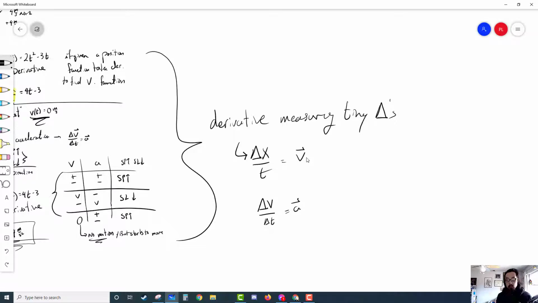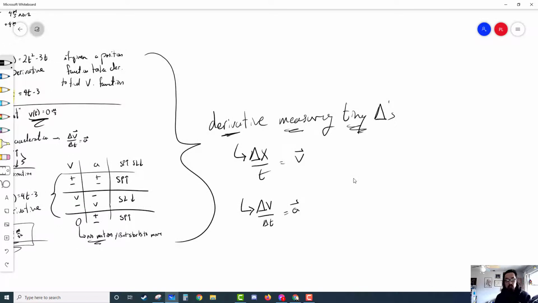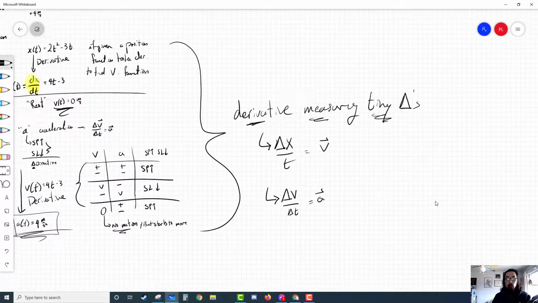So what this means is we are finding the changes in the velocity function to find acceleration. Okay, so the definition of what's good for us in terms of derivatives is a very simple definition, but the definition works. Finding the tiny little changes is what a derivative is. And if you find the change in a function, it often leads you to understand what you're looking for. Okay, so we did that.